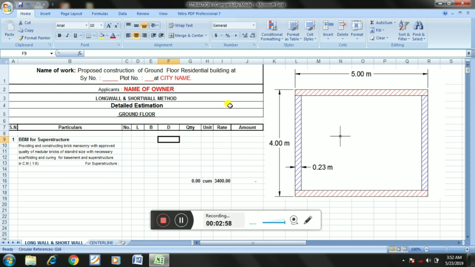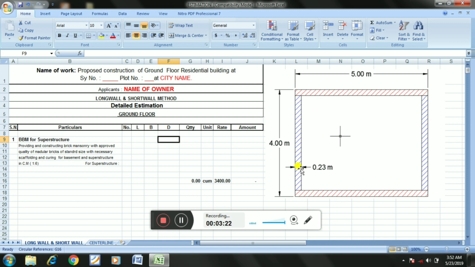Here we have done some basic assumptions. The wall thickness we are taking is 0.23 meter, that is 230 mm, generally called 9-inch walls. We are also taking the height of the building. Generally a residential building is 3 meter height, or might be 3.5, not more than that.